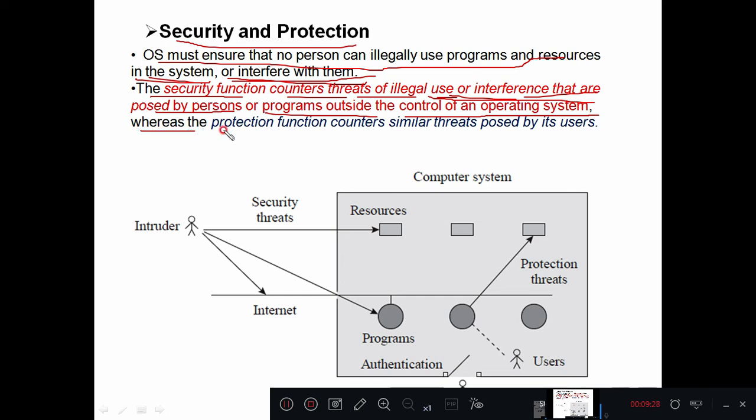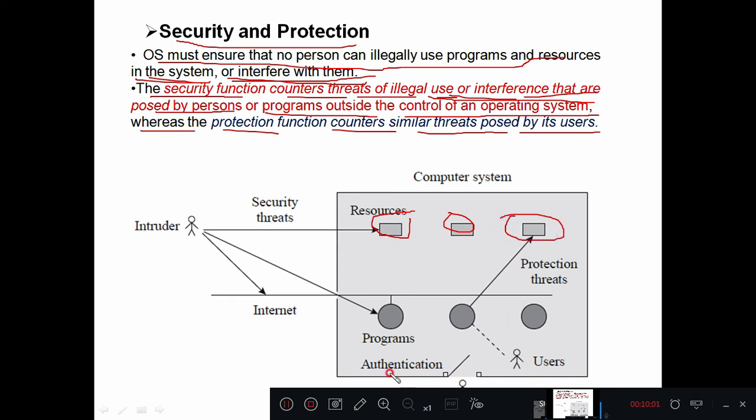Next, what do you mean by protection? The protection function counters similar threats posed by its users, right? So the operating system will provide a platform to protect the user data even from the laptop user, you can say. In the diagram you can see the computer system which has many resources.